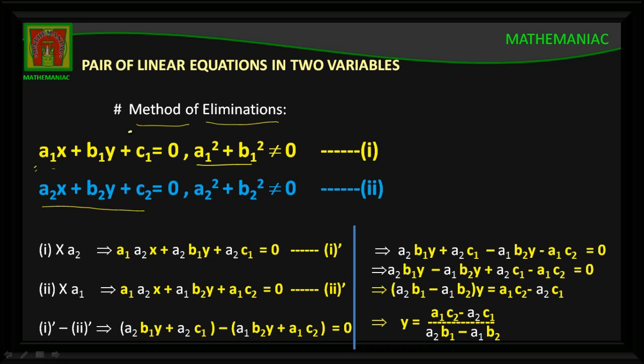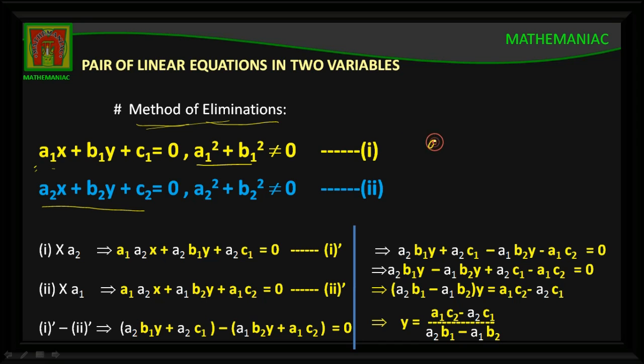So instead of saying elimination, we can say that this is a method where we make the coefficients equal and then we eliminate, right? Elimination by making the coefficients equal, right? This could be another name. Actually, it is there, but presently we're talking about the elimination method. So we have decided to make the coefficient of x equal, right?